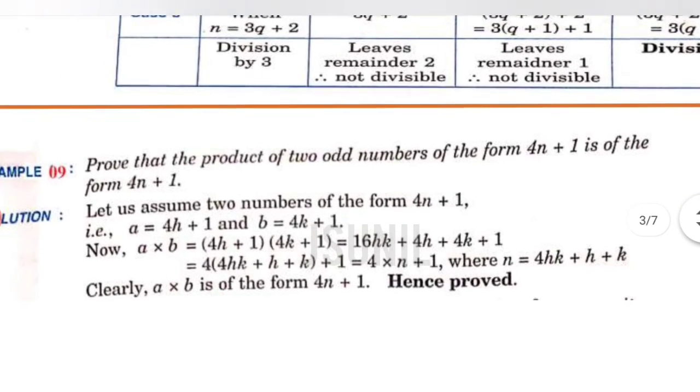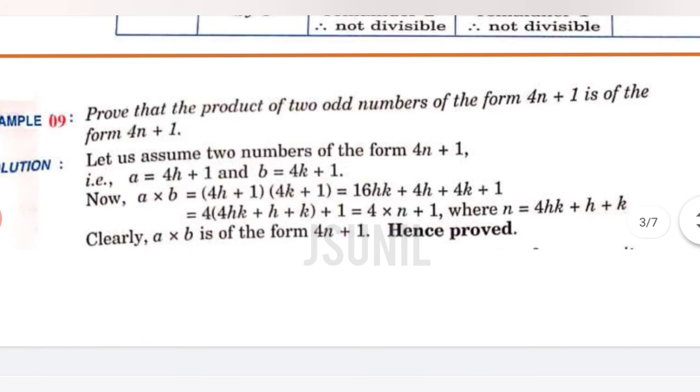Prove that product of two odd numbers is of the form 4n plus 1. Let's assume the number is 4h plus 1 and the other number is 4k plus 1.